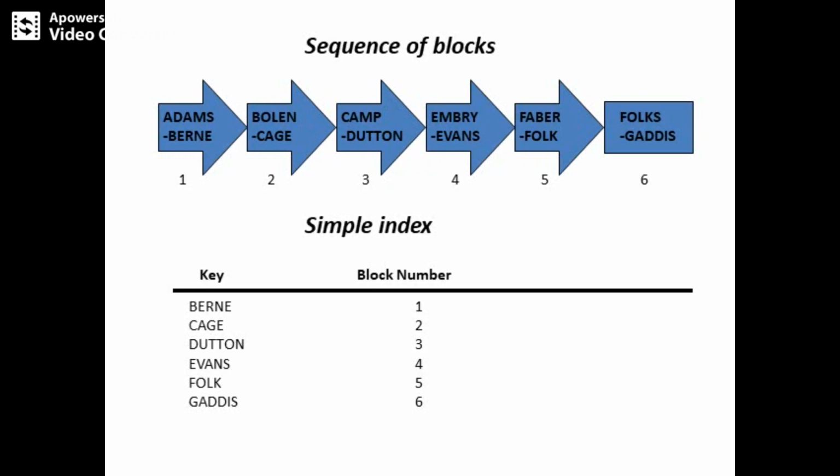So what we are going to do is see how we can search for particular elements in these blocks. In order to search for particular records, we are going to use a simple index. So how can we get the index? We need to have some particular key. That key will refer to that block, right?